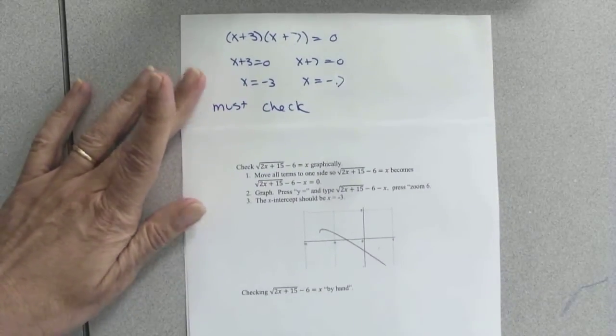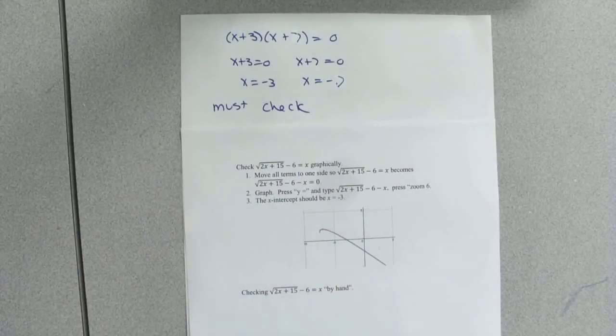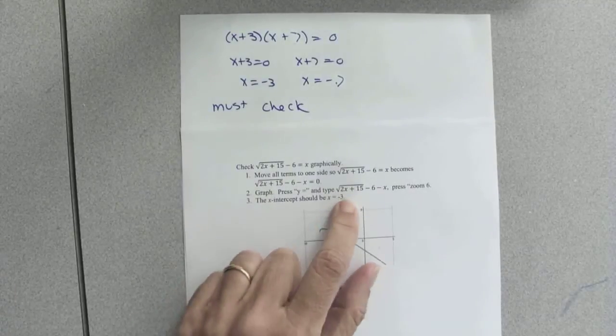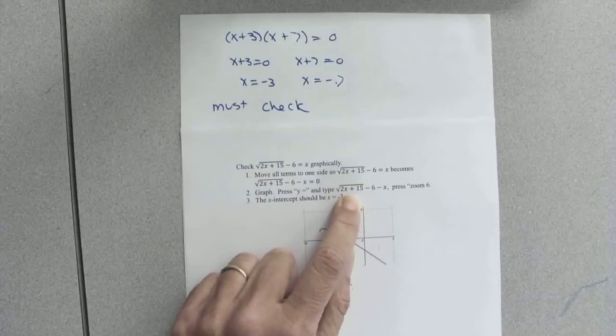So I got answers of negative 3 and negative 7. Checking it graphically first, I can check it the exact same way that I've checked all the others. Move all the terms to one side, press y equals, and type in your expression. If you have an older calculator, you're going to need parentheses around the 2x plus 15.